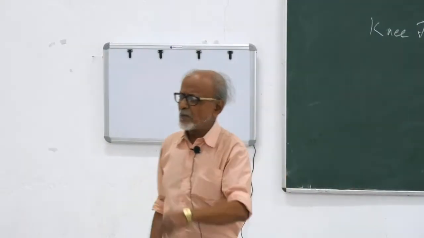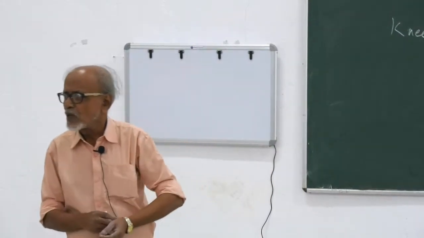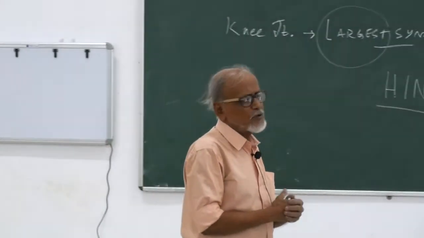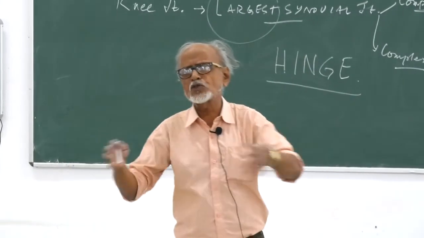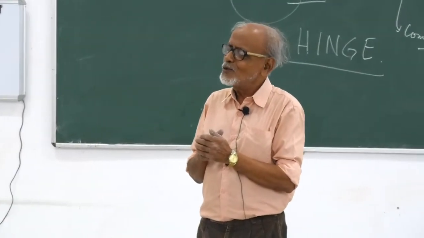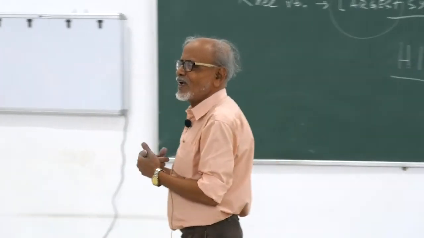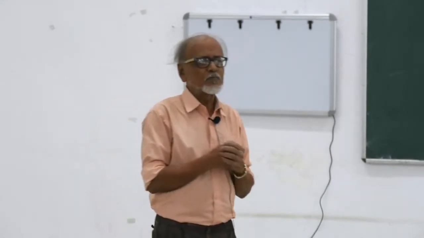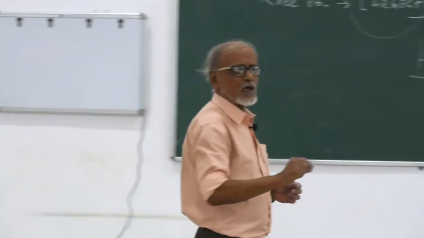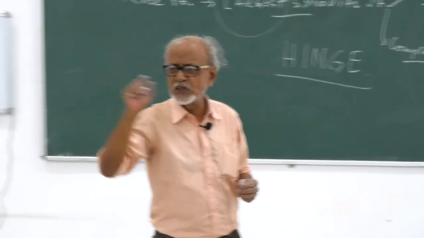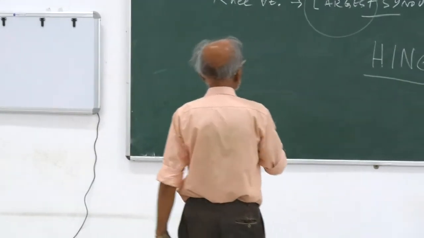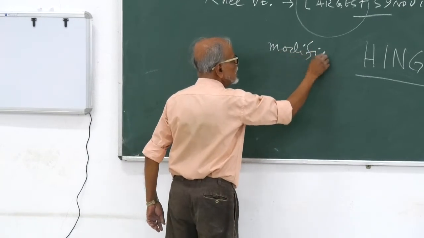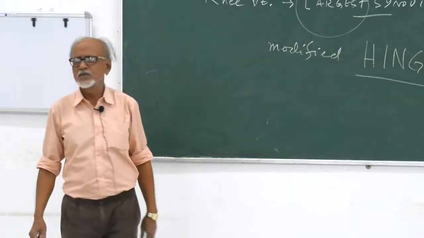If I say simply it is a hinge, তাহলে কিন্তু মনে হচ্ছে ফাংশনালি ইট ইজ ভেরি সিম্পল, স্ট্রাকচারালি যতই কমপ্লেক্স কম্পাউন্ড হোক না কেন। কিন্তু মজার ব্যাপার হচ্ছে ইট ইজ নট সো সিম্পল অ্যাজ ইট সিমস ফ্রম দিস টার্ম। ওয়ান্স আই অ্যাড অ্যান অ্যাডজেক্টিভ টু দিস হিঞ্জ, অ্যান্ড দ্য অ্যাডজেক্টিভ ইজ মডিফাইড, modified hinge.